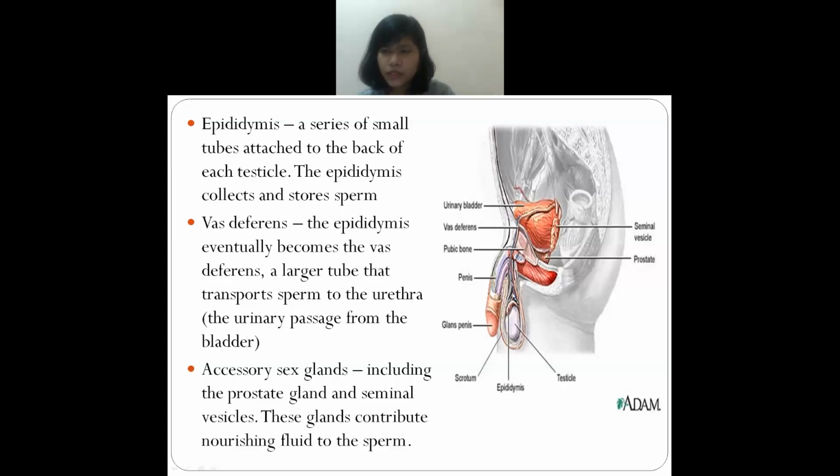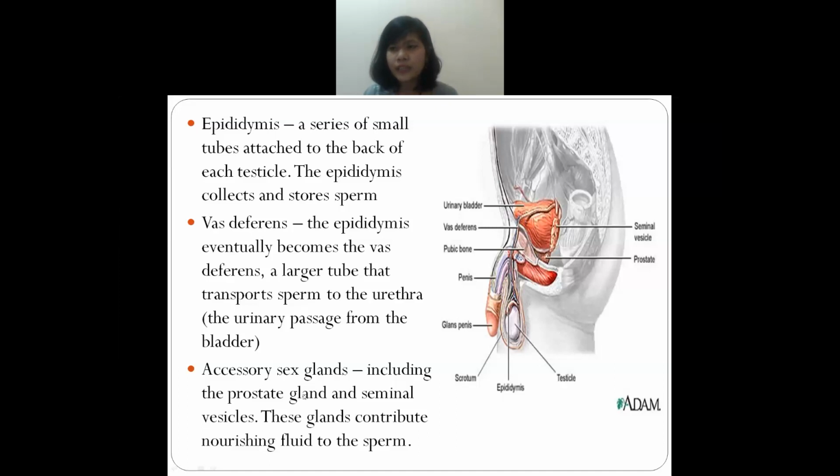The epididymis and the vas deferens are connected, and the vas deferens sends the sperm into the urethra. Understand? You remember the urethra from the urinary system. So the sperm go and pass through the urethra.